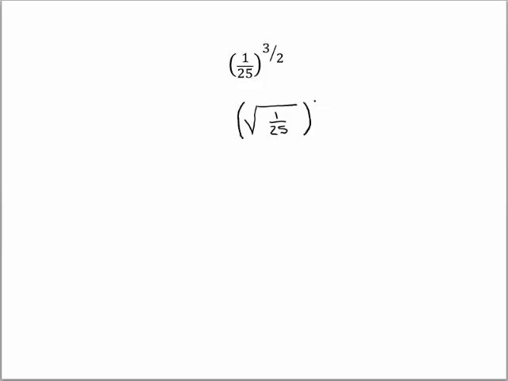And remember, we decided that if we put this 3 outside the parentheses, that it made it much easier for us. All right, what is your square root of 25? 1/5, right? We still have that cubed, so that should equal 1/125.